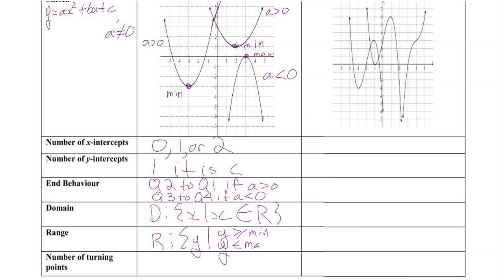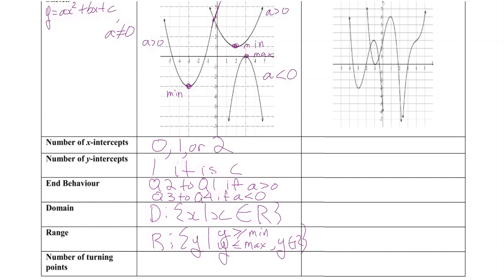It must be less than or equal to the maximum. So the range, if you actually give me something on a grid, I can tell you what the range is, right? If I can read the number. If I can graph it, I can use my graphing calculator to find min or max, right? Did that 100 times last year, finding mins or maxes.